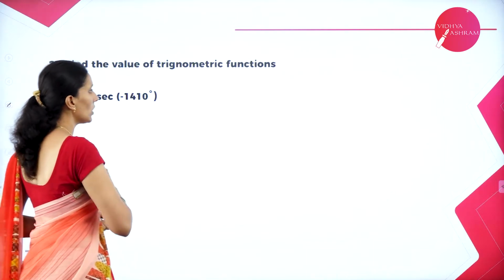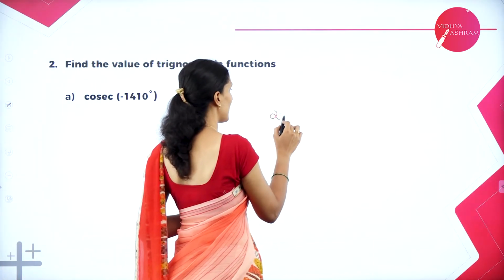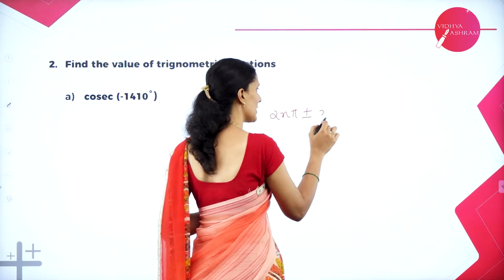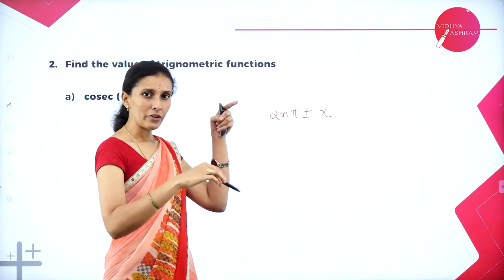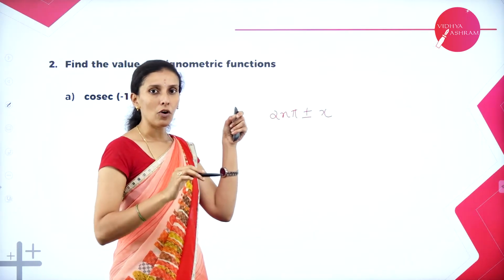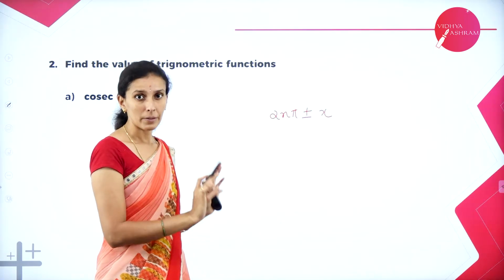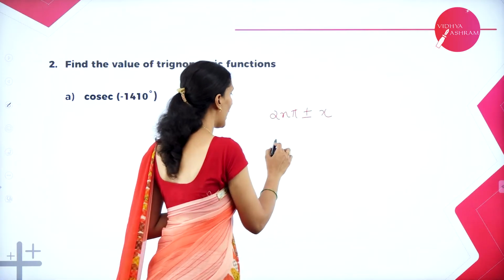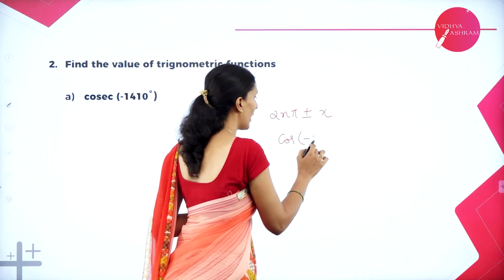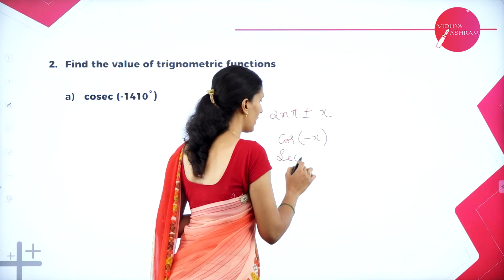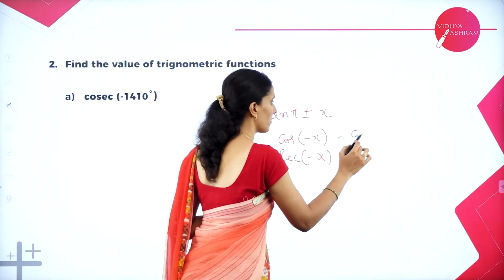Now we know the concept of 2nπ plus or minus x. That is, after one revolution, the value of all the trigonometric functions at any point on the circle repeats. Also, we know that cos of negative angle and secant of negative angle are positive.